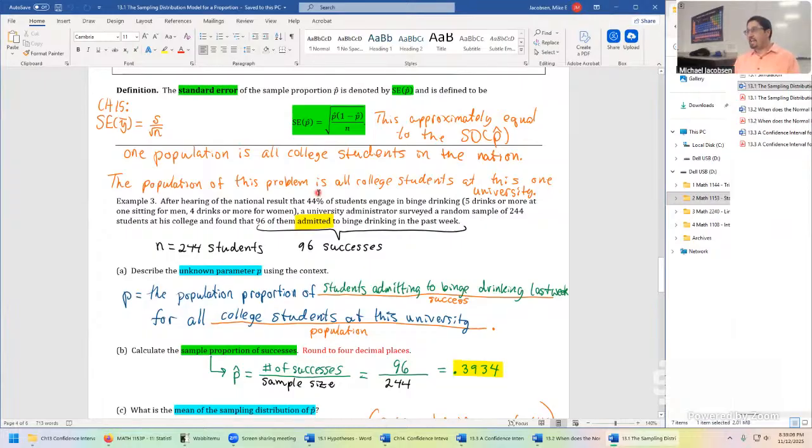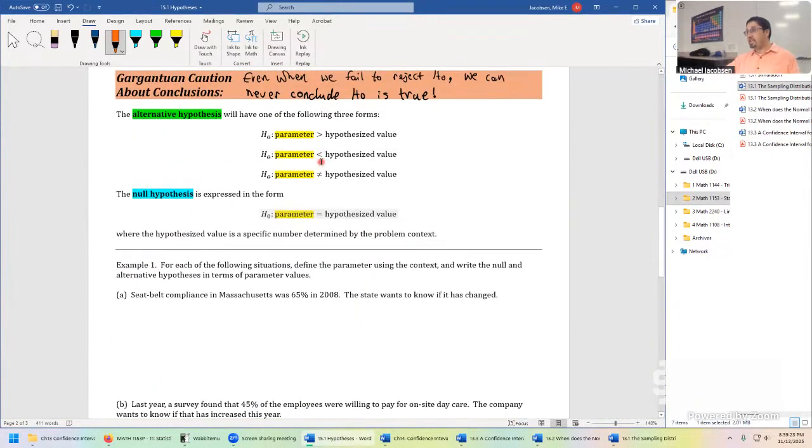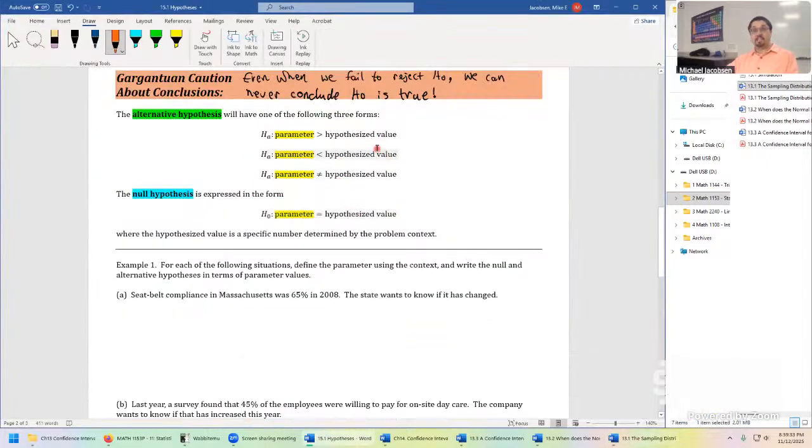We're hypothesizing that this university is different from the national value, that they have fewer people engaging in binge drinking. So we would be putting that together with a less than right here. The parameter would be p, and the national value of 44% would be the hypothesized value that goes right here. So that would be the hypothesis test for that problem. Just about each one of these problems that we looked into could be a hypothesis test in some way, shape, or form.